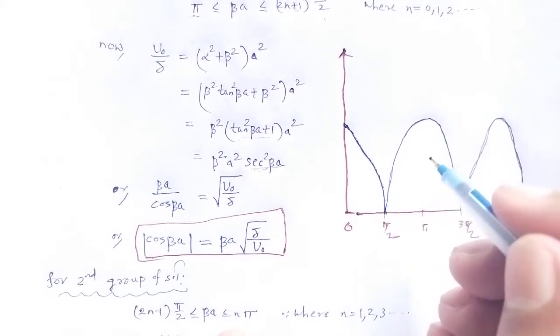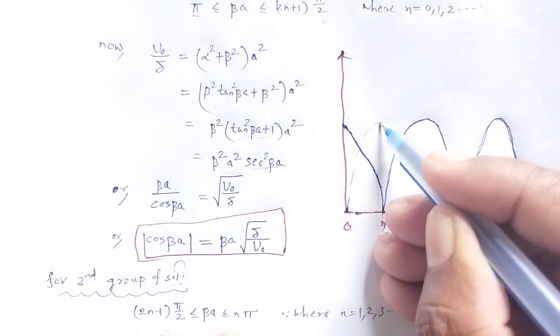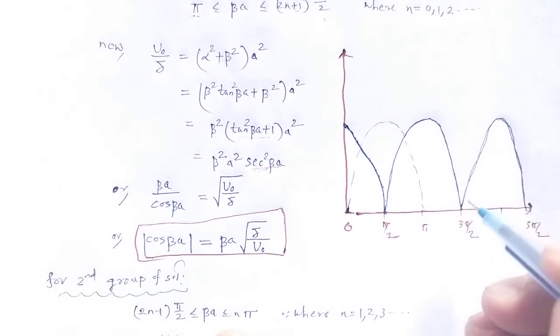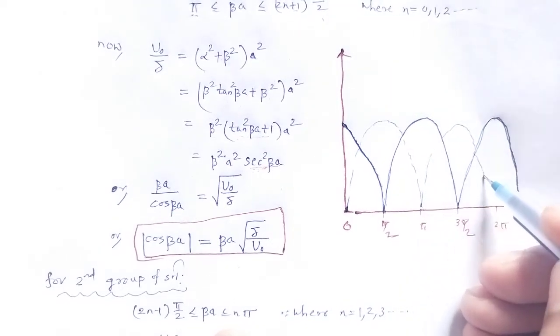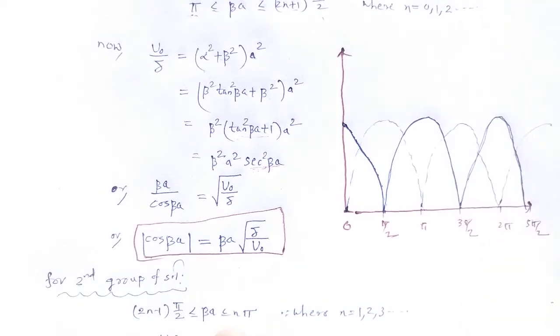Then the sin beta graph. This is the sin beta graph, the dotted line.